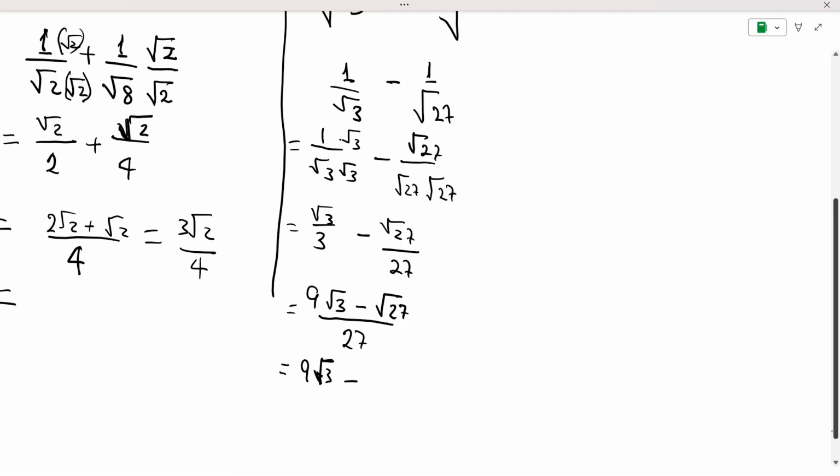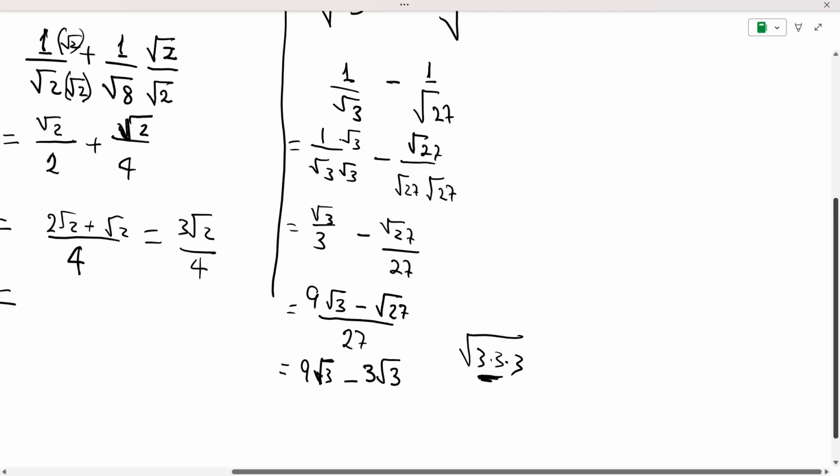And we can see that we have the number 3, which can be multiplied out 3 times to give us 27. So since we are trying to find the square root of 27, it's the same as saying root 3 times 3 times 3. 3 times 3 will come out as a solid figure on its own, 3, and then we'll remain with the root 3 still under the root sign. And all this is over 27.